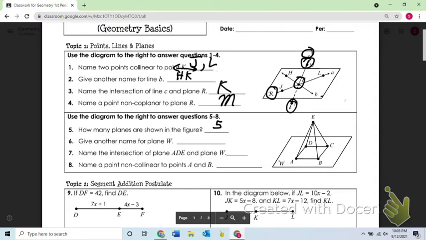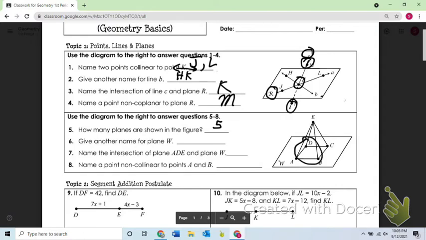So another name for plane W, and there are a bunch of different options. Remember what I just said was that a plane can also be described by 3 non-collinear points. So if we have these points here, we have 4 points on there, so we just need to randomly pick 3 of them.